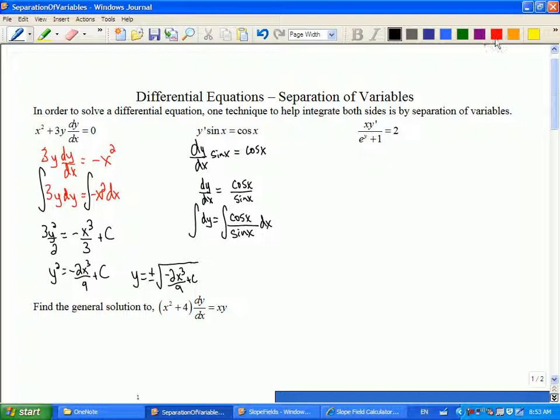So here, I'd be saying let u equal, I'd say let u equal, so I'm looking for a function and its derivative, and I'll make it sine x, so that du is cos x dx.